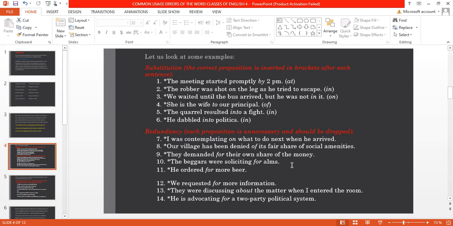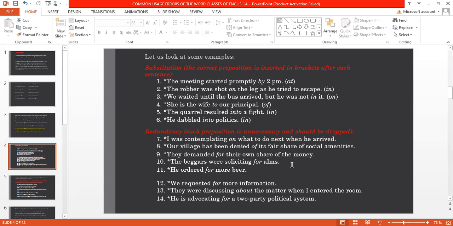When the bus is parked in the garage or in the motor park, and somebody is sitting, still waiting for the bus to move, you are in the bus because the bus is stationary. The bus has not moved. But as soon as the bus moves, you are on it. Okay, so take note.